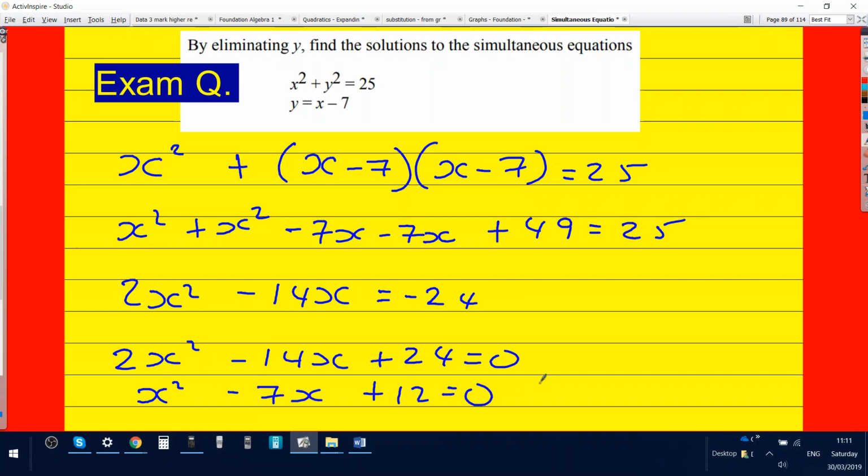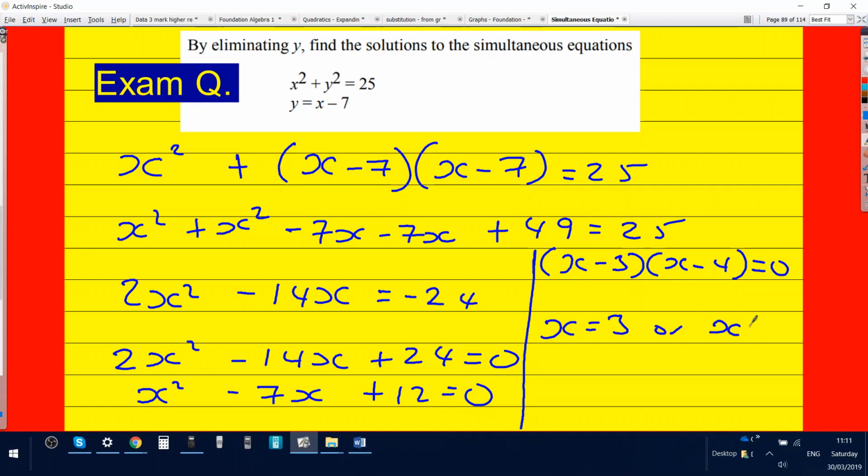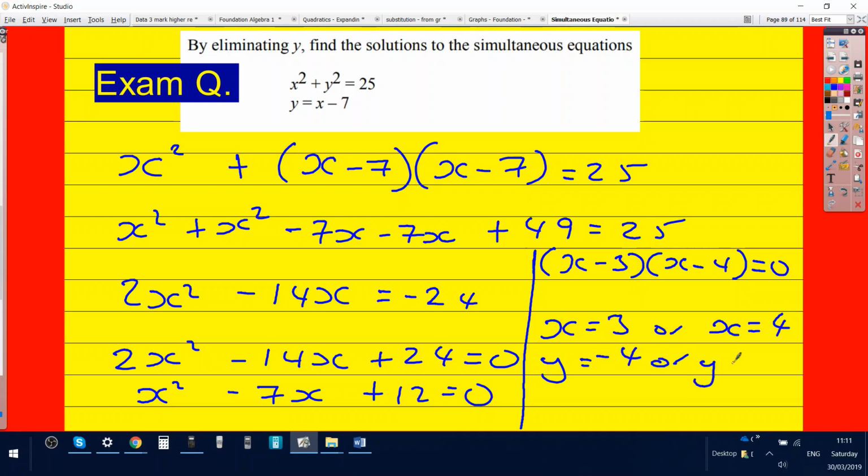Yeah. And then we've got 3 and 4. So minus 3 minus 4, x minus 3, x minus 4. So x equals 3 or x equals 4. And then y equals, for that one, 3 take away 7, which is minus 4. Or minus 3.